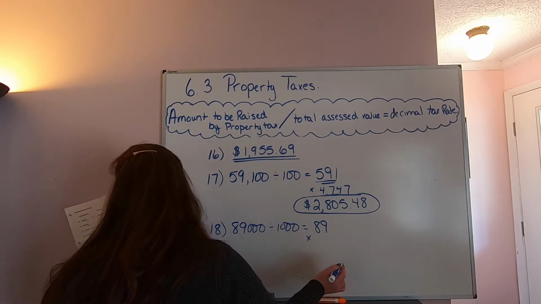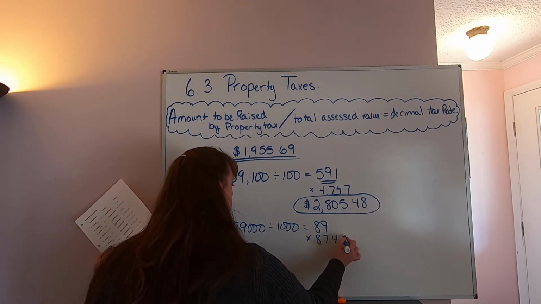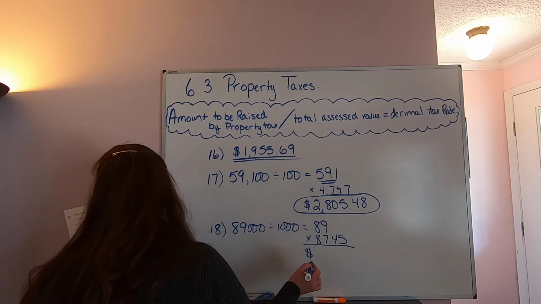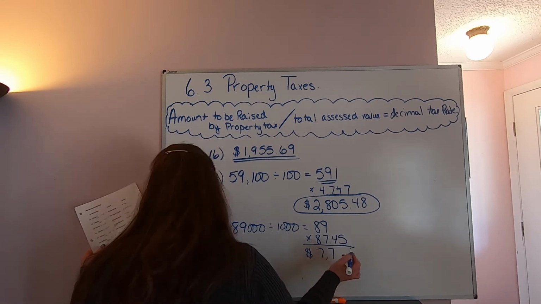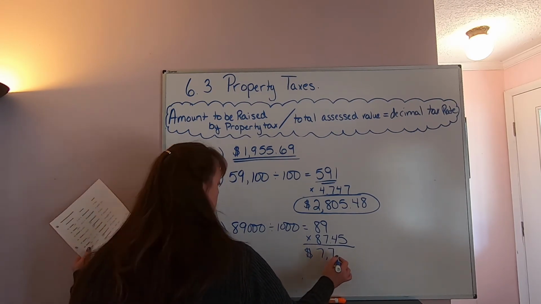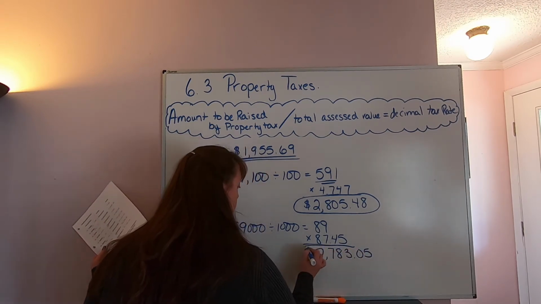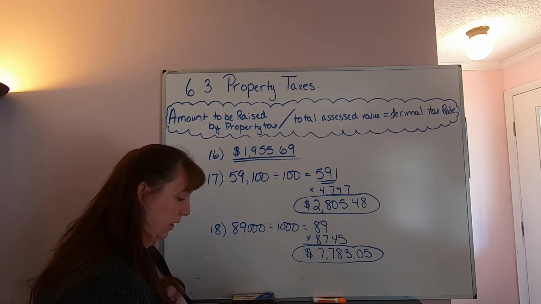Times that by your tax rate, $87.45. You will get a tax due of $7,783.05.